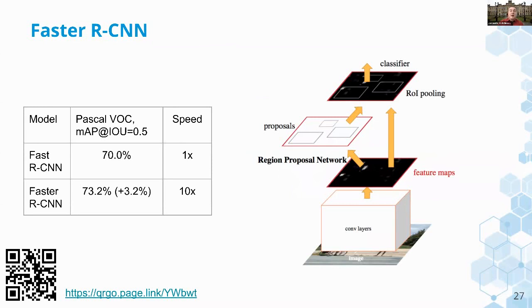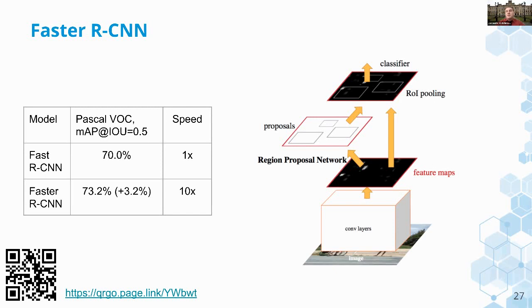Now researchers simply profiled the whole Fast R-CNN algorithm and discovered that the selective search algorithm that we used starting from R-CNN was the bottleneck of the whole system, and the deep learning part was much faster compared to this iterative algorithm. So they decided that if we incorporate this proposal step into our network, we can greatly speed up the whole pipeline.